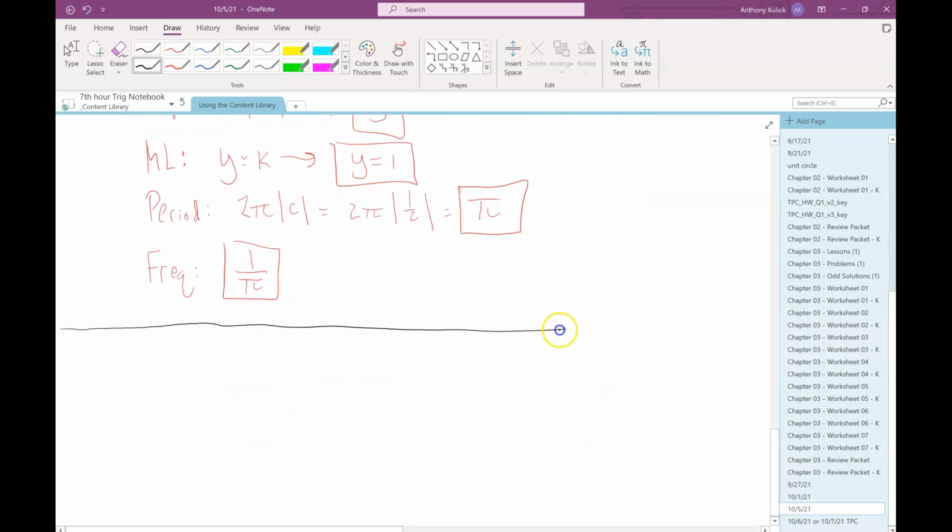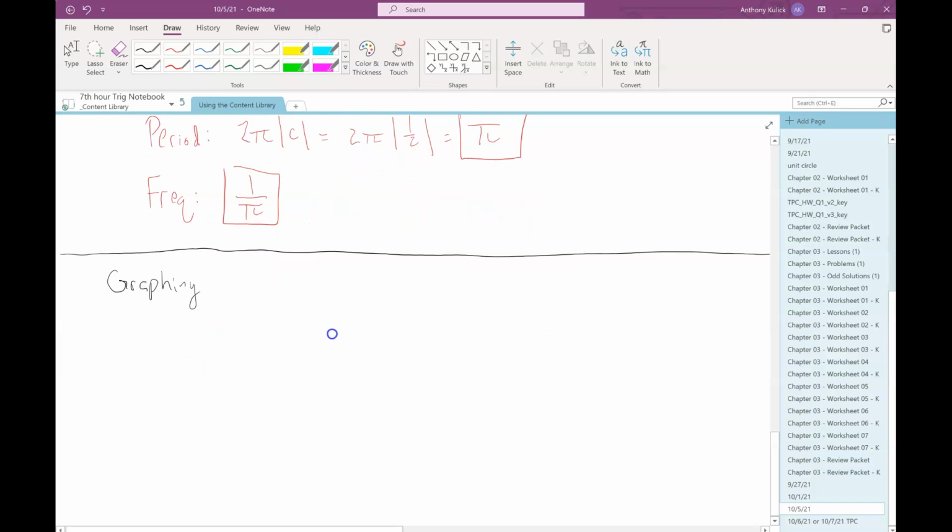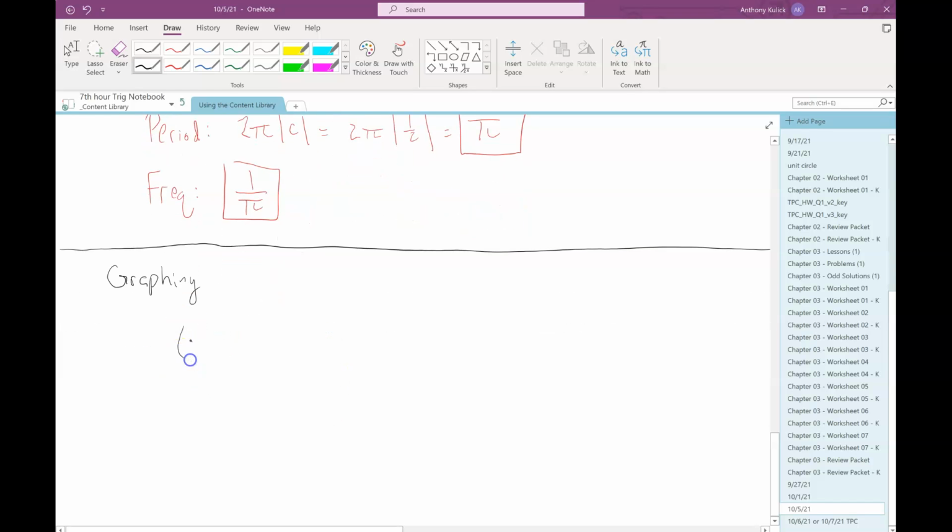Let's talk about now actually doing the graphing piece. What we'll be using to do this is the transformation map that we discussed last time.